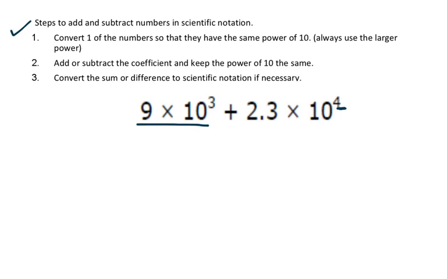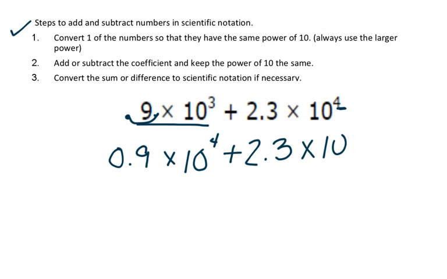So I'm going to rewrite the problem, 10 to the fourth power. If I add one positive power, I know that I'm still swooping to the left. So I'm going to swoop this one more to the left. And so what I end up with is 0.9 times 10 to the fourth power plus 2.3 times 10 to the fourth power. Now I have the same power of 10.